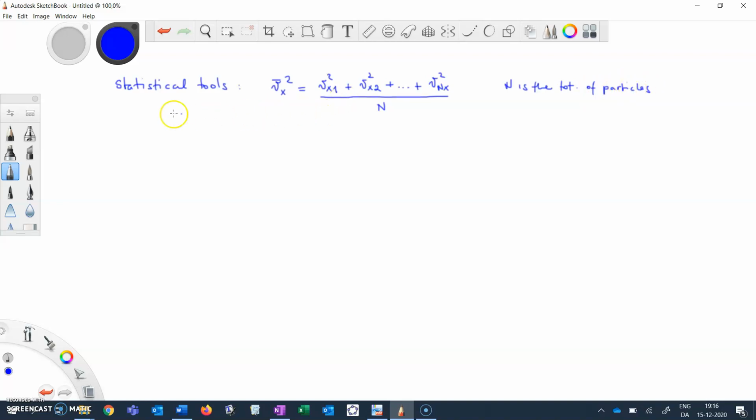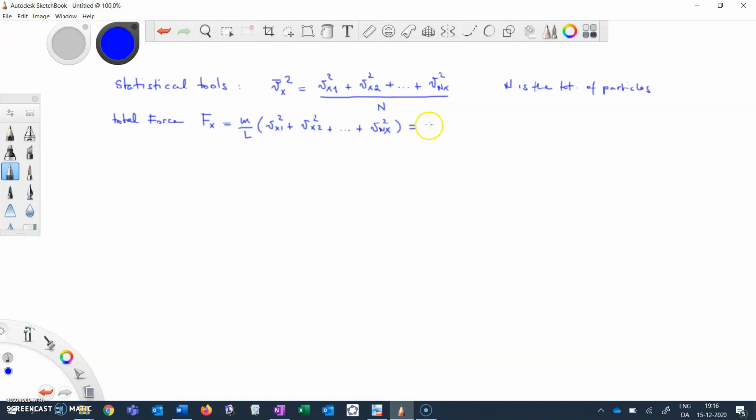So what is the total force now that it's going to act on one of the walls? Well, this is going to be, for example, F in the x direction. It's going to be m divided by L, which are constant, so I'm just going to keep them. And then it's going to be Vx1 squared plus Vx2 squared plus ... plus Vxn squared.